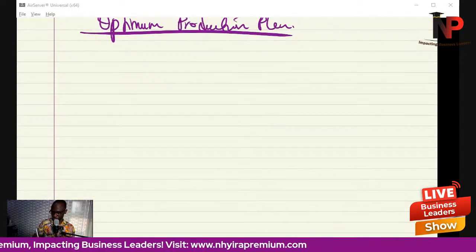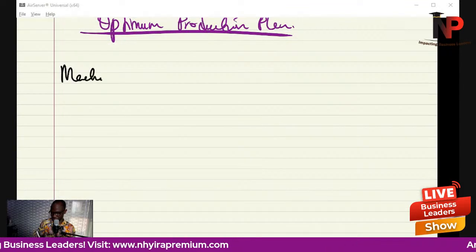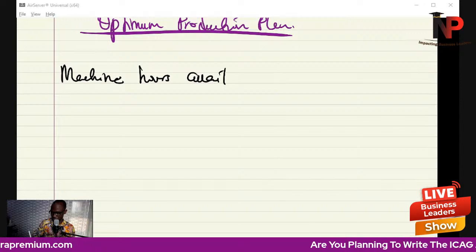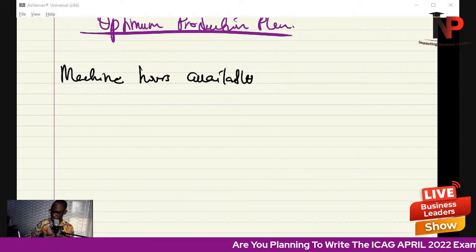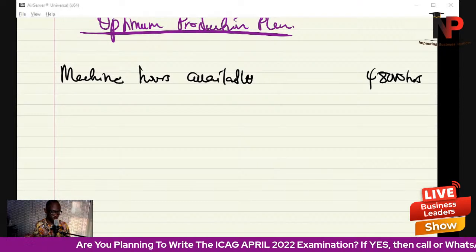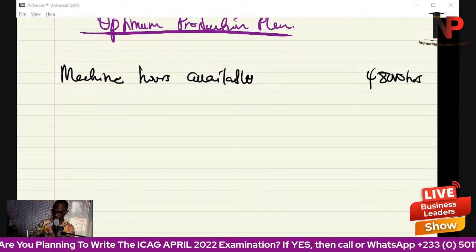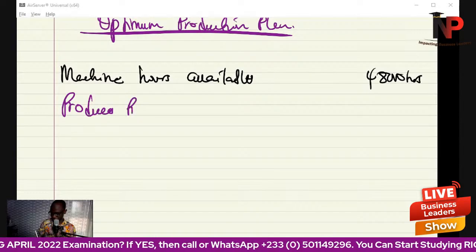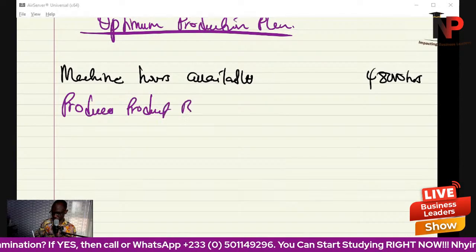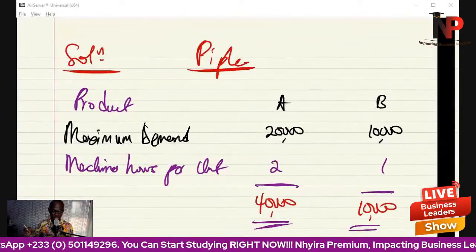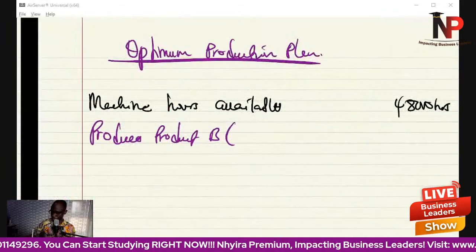What we can do is we will bring the machine hours available. So the machine hours available is 48,000 hours. Remember, that was what was given to us in the question. So we're going to be making product B. So we produce product B. Now, if you check, product B uses 1 hour, we need to produce 10,000.